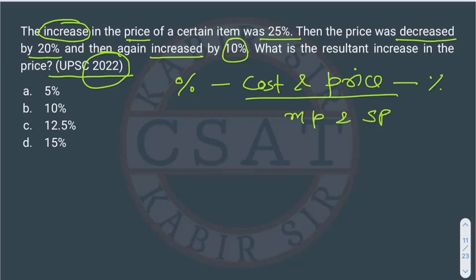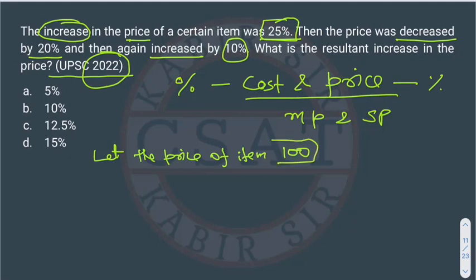So the question is saying that suppose there was some item. One more thing I want to tell you: in percentage questions, we normally assume the initial price of the item is 100. Why do we take 100?